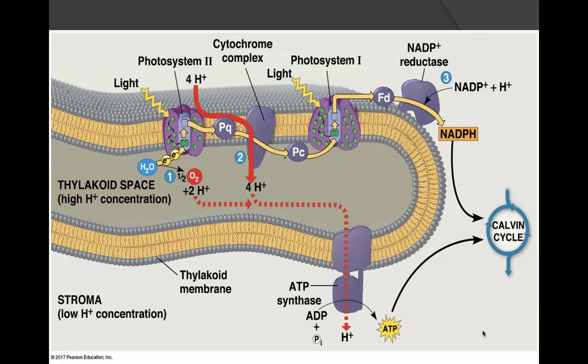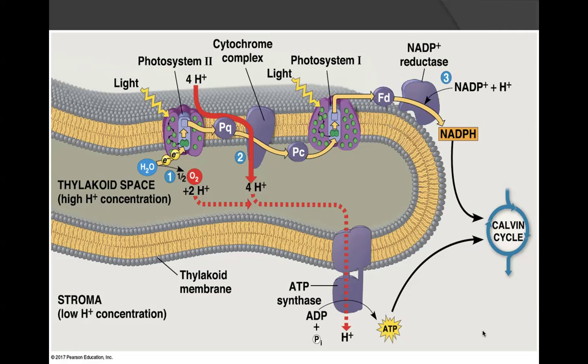In this case, these protons are going to be pumped towards the interior of the thylakoid, meaning that they're going to be pumped from the stroma to the thylakoid space. You can see the red arrow with the 4H+ represents the protons that are going to be taken from the stroma. They're going to pass through, and the cytochrome complex will act as a proton pump, and it will pump these protons to the interior of the thylakoid space.